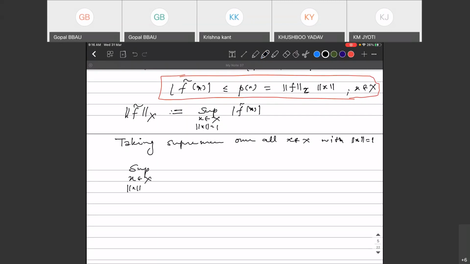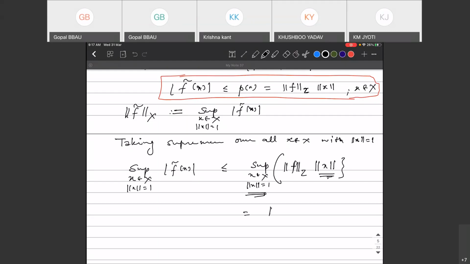Taking the supremum over x in X with norm x equal to 1, we obtain that it is less than or equal to the supremum of norm f over norm x. This is a fixed quantity, and this part is 1 because we are taking norm x equal to 1.